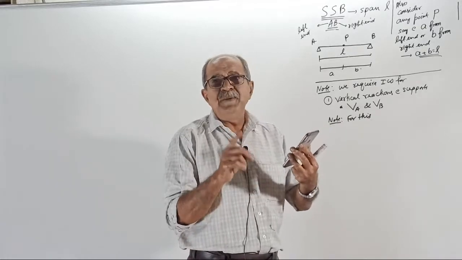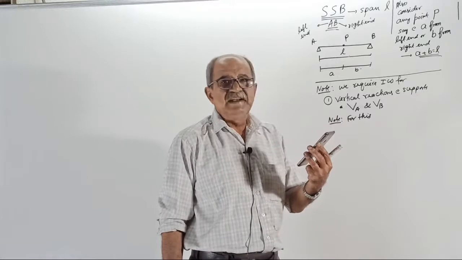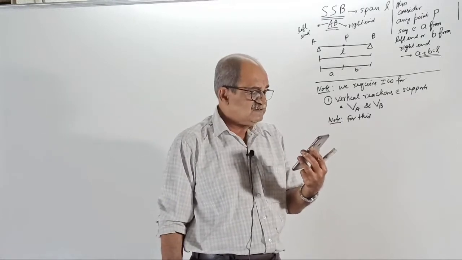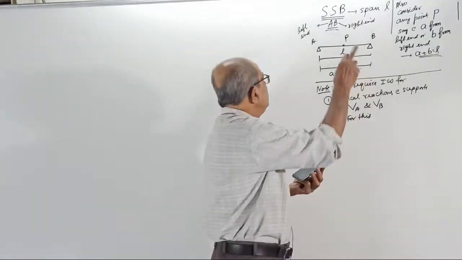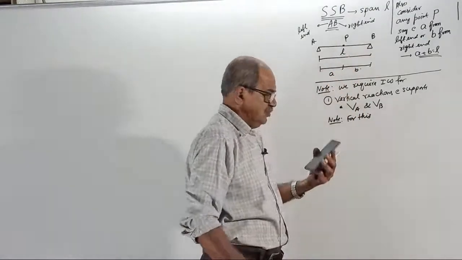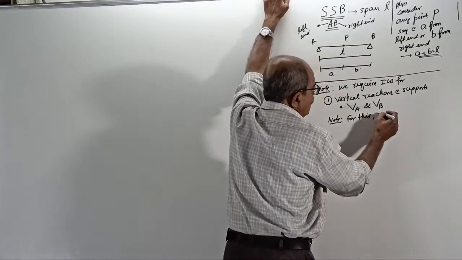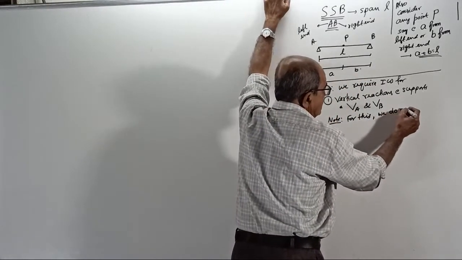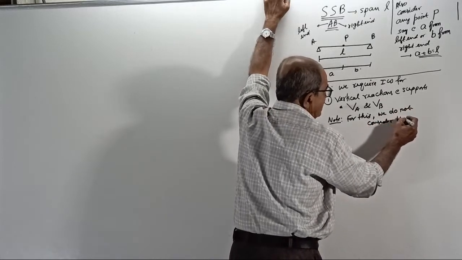Does it matter where P is, if I want ILD for VA or VB? No, it does not matter. Remember, note, for this, we do not consider the point P.